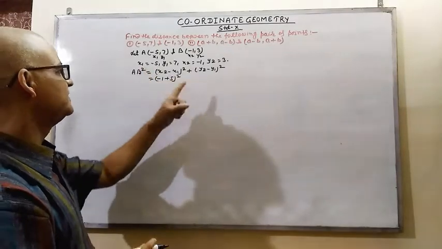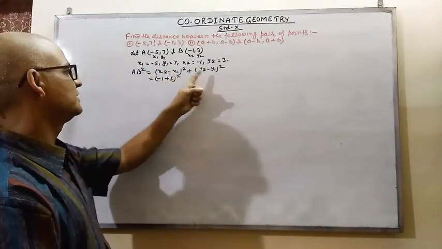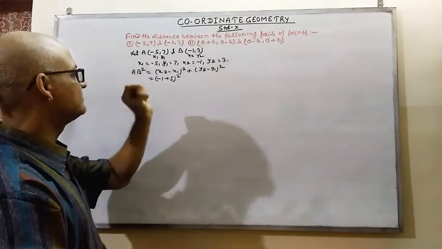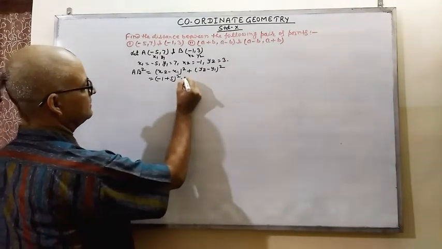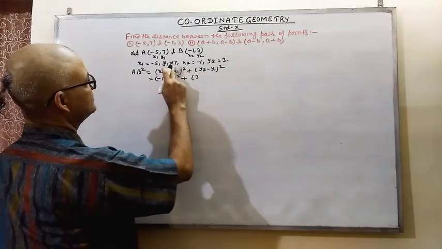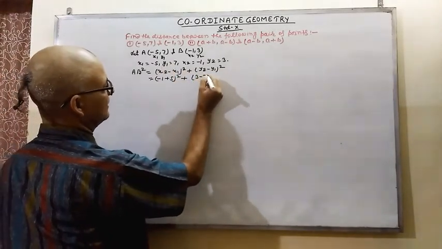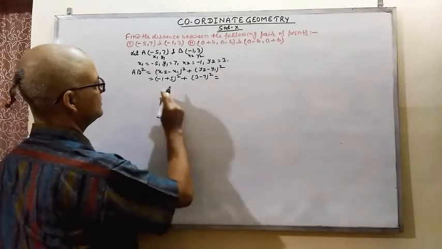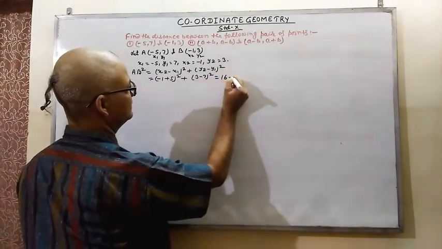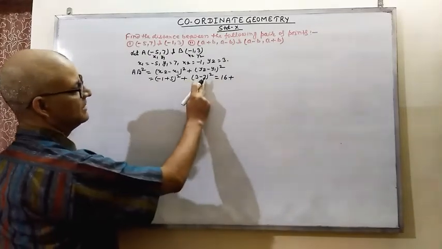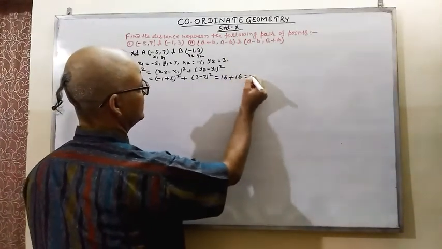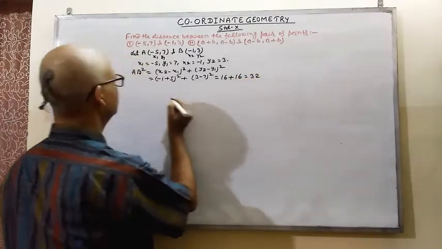If any value is negative, and here especially x1 and y1 are negative, then carefully use minus minus plus. Plus y2, that is 3, y1 is 7, so minus 7 whole square. That is equal to 5 minus 1, 4, 4 square is 16, plus 3 minus 7, minus 4, minus 4 square is 16. So that is equal to 32.